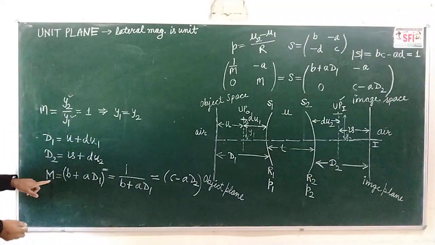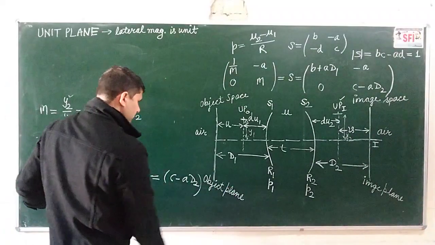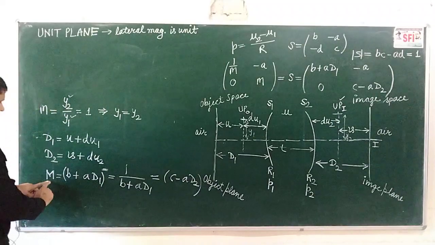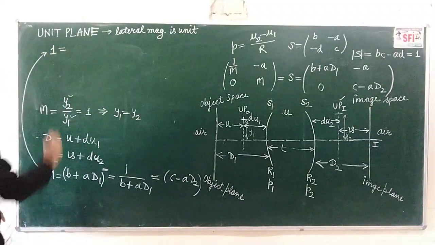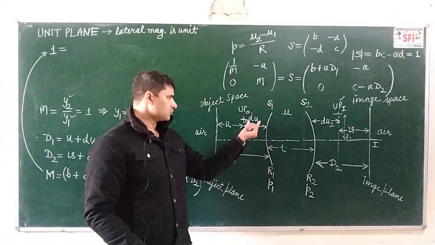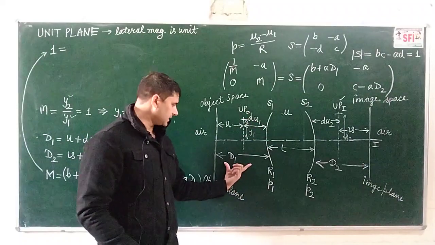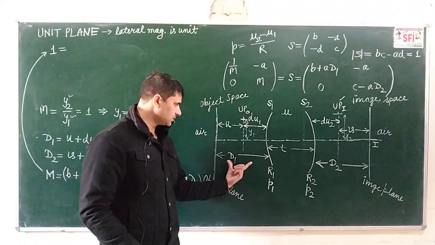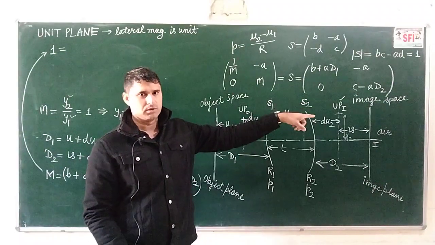So if magnification is unity for the unit plane, then the distance of the unit plane has to be equal to du1. I want to say that if you make this distance d1 equal to du1, then you will get the magnification equal to unity.